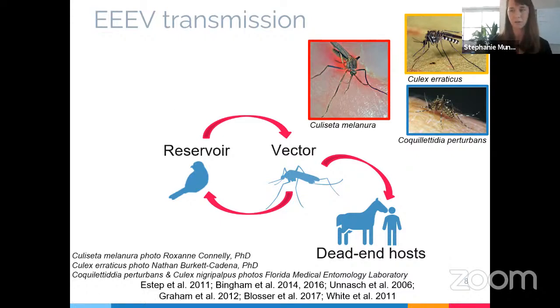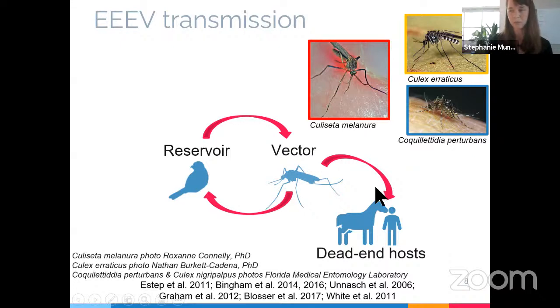So in Bingham et al. 2016, the authors showed that Culex erraticus has a vectorial capacity that's about 44% that of Culiseta melanura, meaning the species isn't as likely to be transmitting EEE, but it is also a species that will shift between avian hosts, so biting from birds, to biting mammals. So that means that this is a vector species that can play an important role as a bridge, where it's connecting the humans to this cycle.